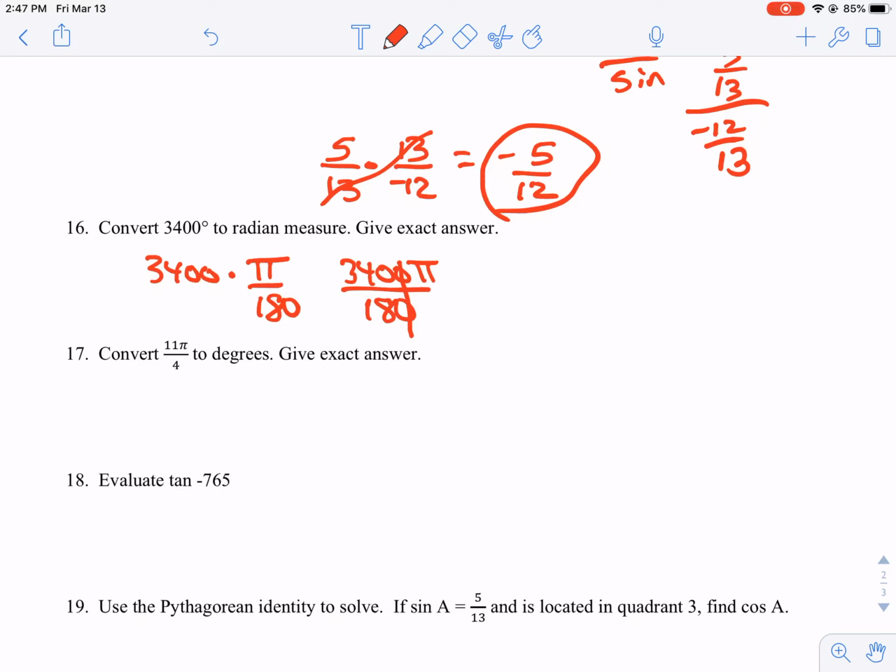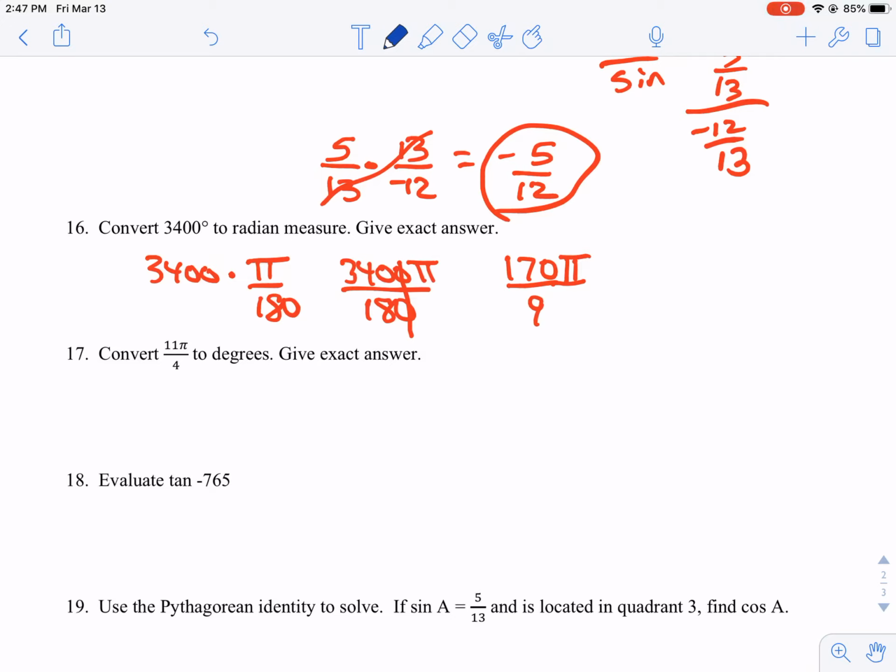And let's see, 340 divided by 18 does not come out even, so I'm going to do math frac. And I'm going to get 170 over 9, and I'm going to put my pi back on. So we were converting to radians, and it's 170 over 9 pi radians.